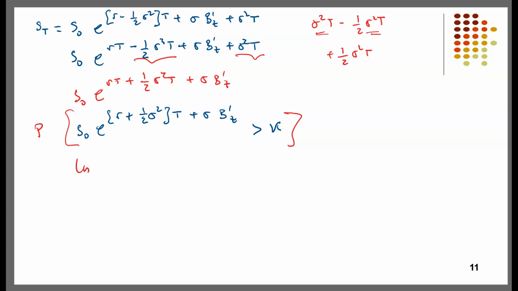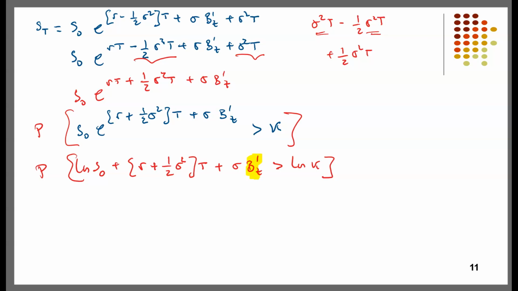That's going to be the log of S0, plus r plus 1/2 of variance, and then we have t, and then sigma times the new Brownian motion process B prime t. We want that to be greater than the log of the strike price. We have our probability here. And because this is the only random process, we want to isolate it.